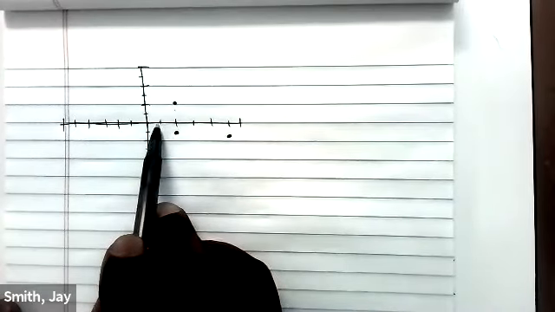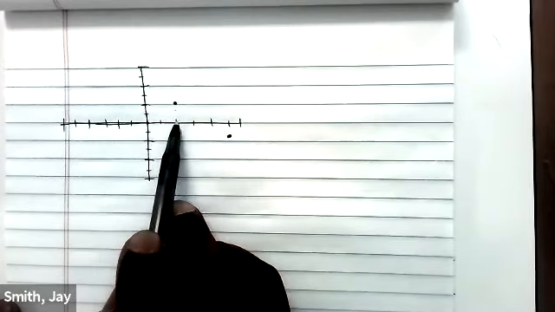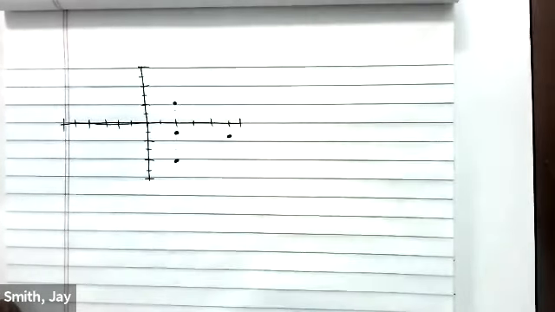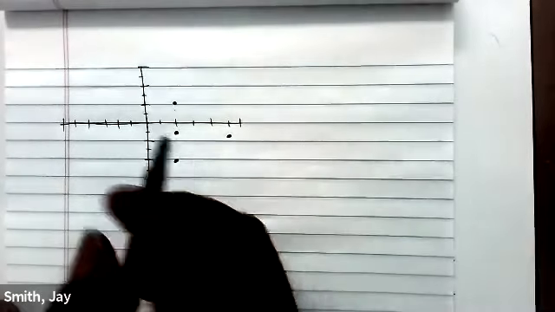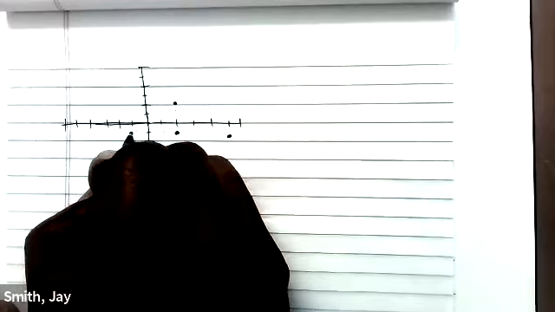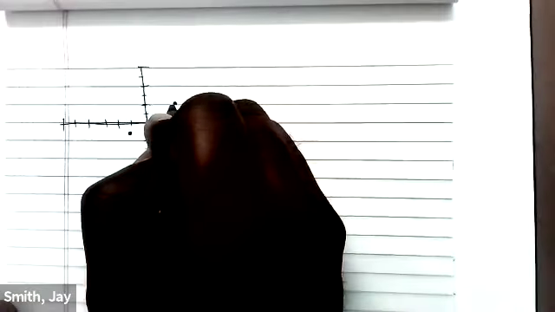It also has another ordered pair at (4, -1), (2, -4), and then lastly (-1, -1). So it forms this circle.